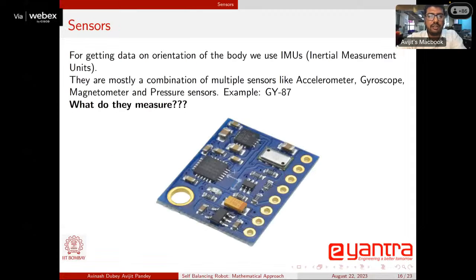The sensor that we are using is called GY87. It is a sensor module. It has different sensors like accelerometer, gyroscope, magnetometer, and a pressure sensor on a single chip. And it communicates this sensor data to the microcontroller through a communication called I2C.